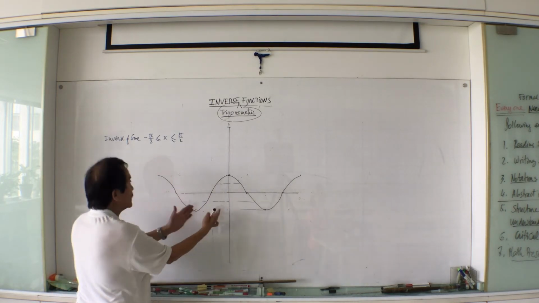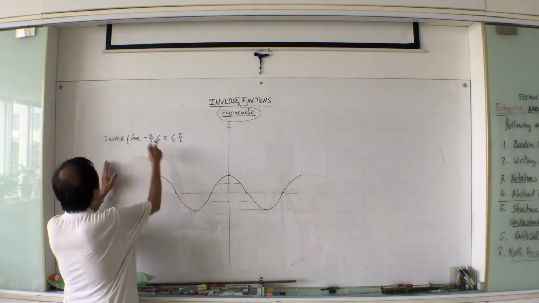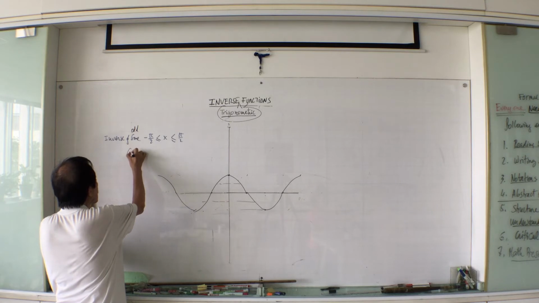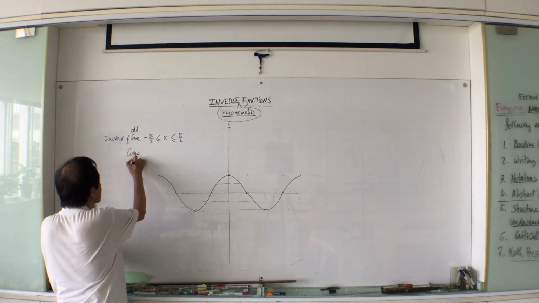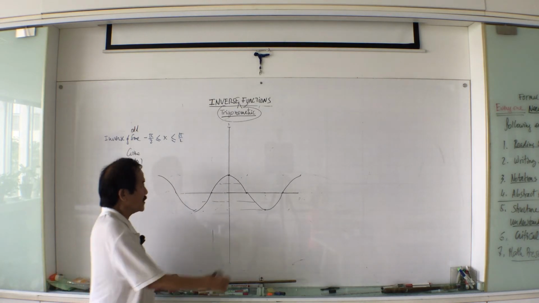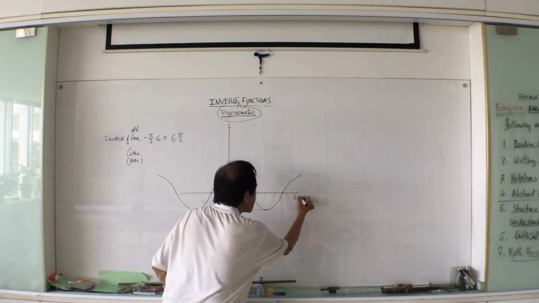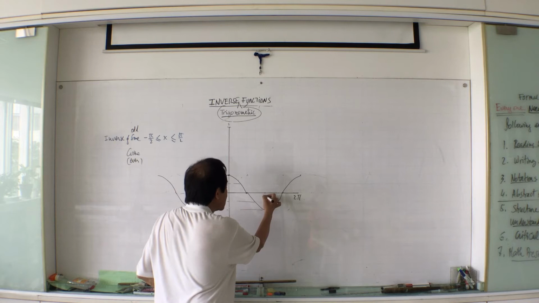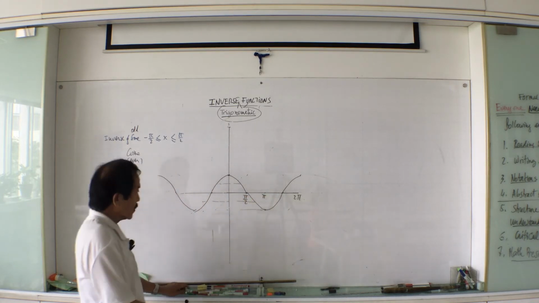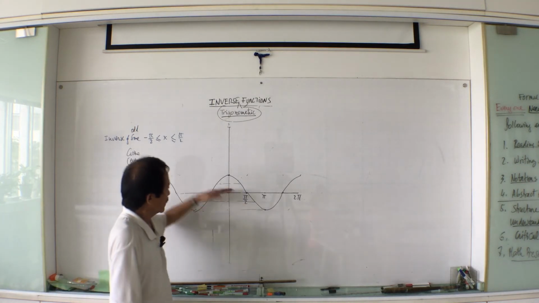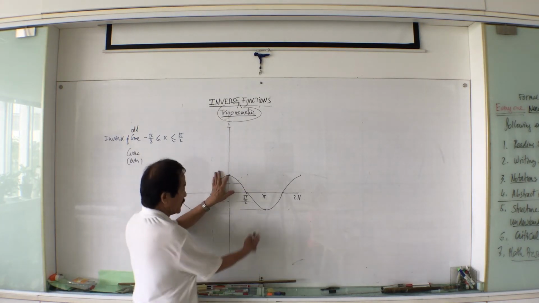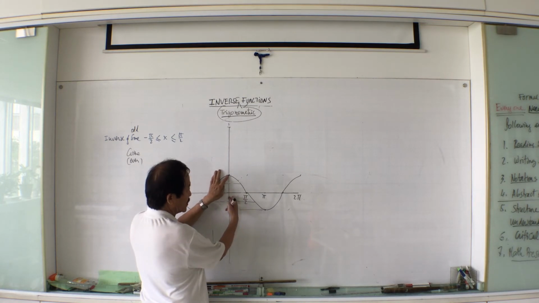Okay, cosine is even. Sine is odd. Now from where to where do you think is the most logical decision to restrict cosine? Can it be from here to here? No, because it's not a one-to-one function, right? You see very clearly, it should be from here to here, from 0 to pi.